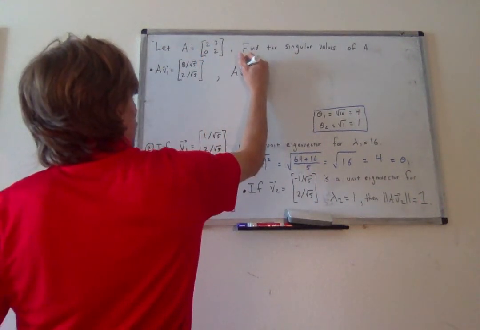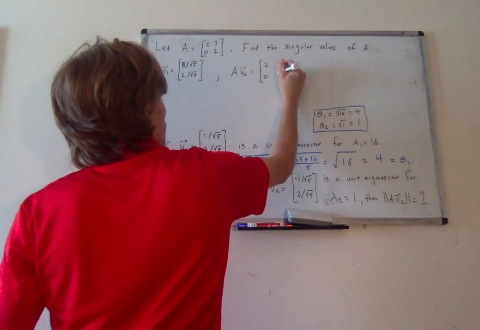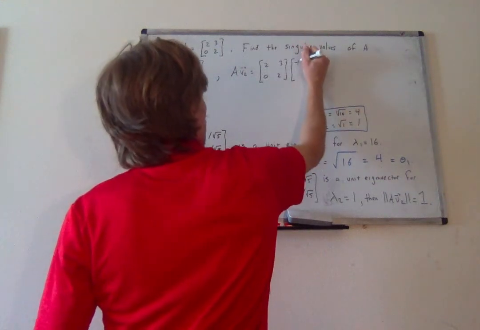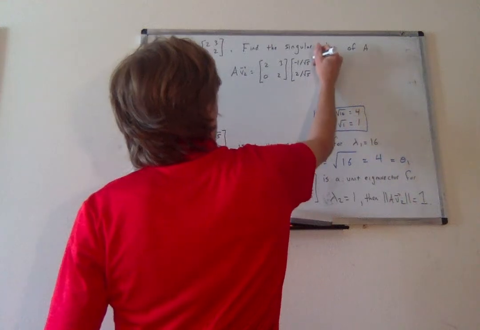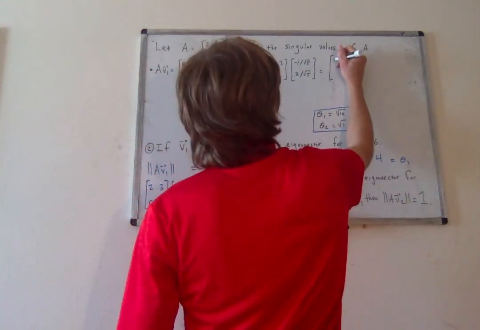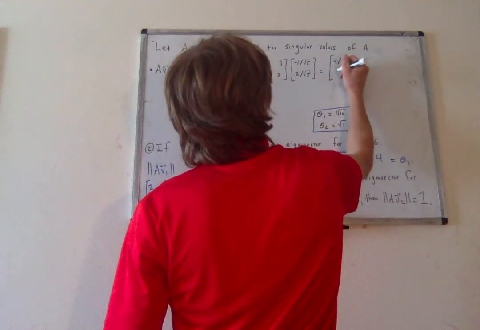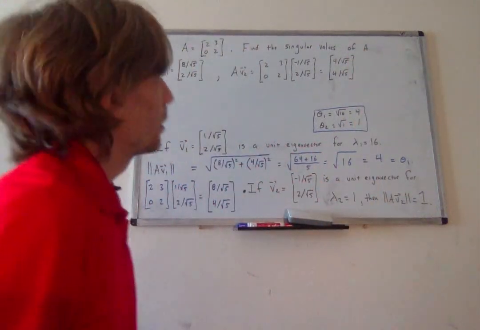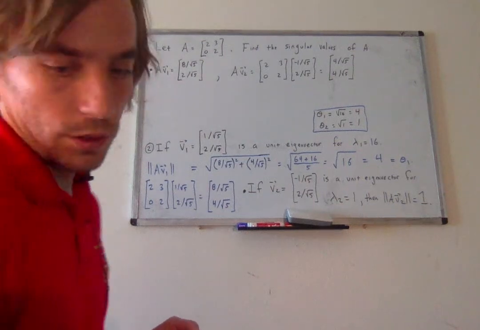A times V2, if we were to calculate this, should get 4 over root 5, 4 over root 5. Let me make sure that's correct. I think I'm missing a negative somewhere.